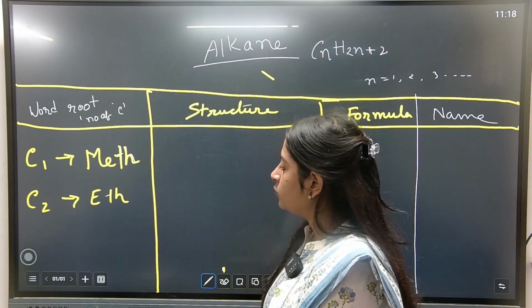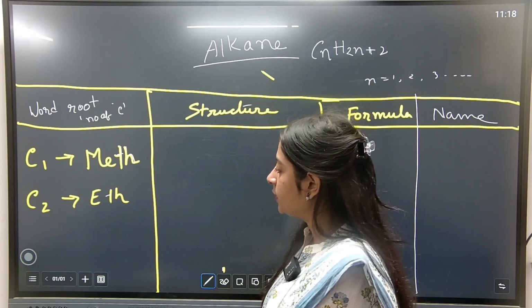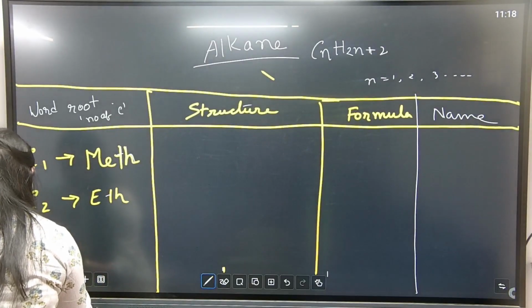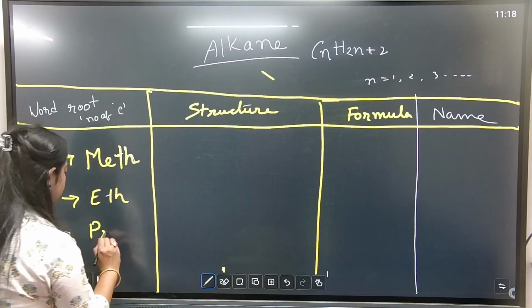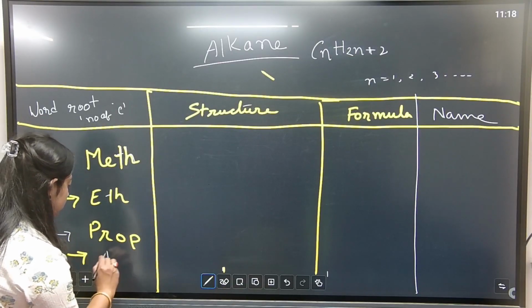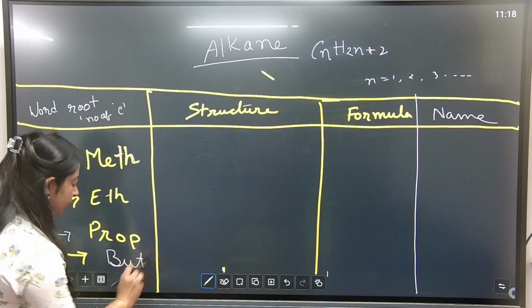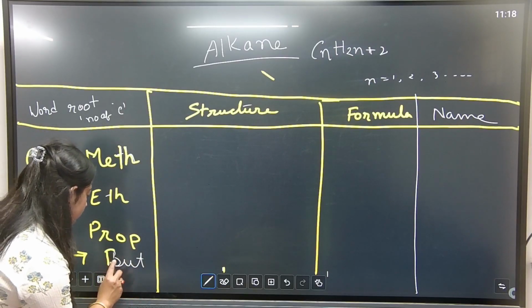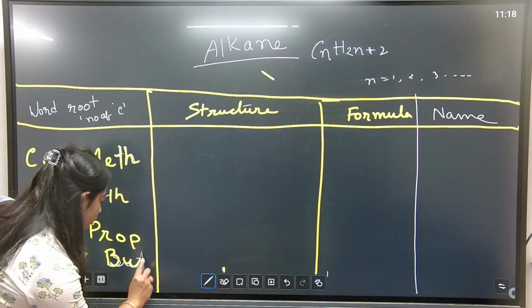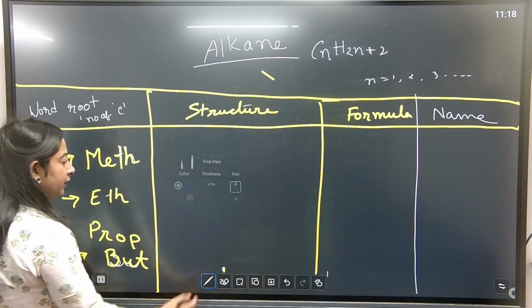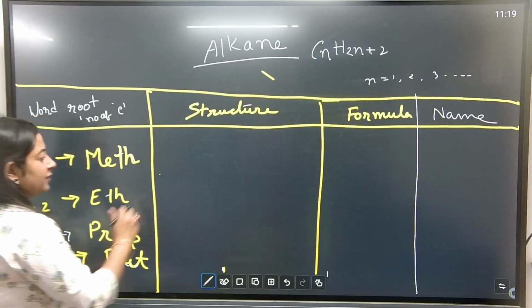Carbon 1 is METH, carbon 2 is ETH, carbon 3 will be PROP. अगर carbon 4 है then it's said to be BUT. हम chemistry में इसको बोलेंगे BUT.